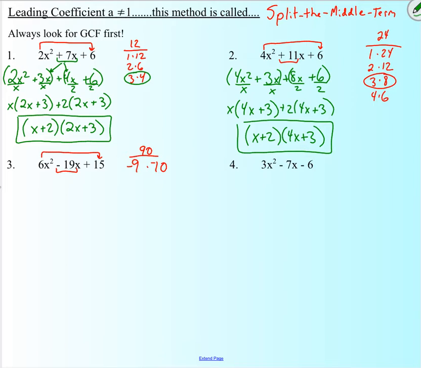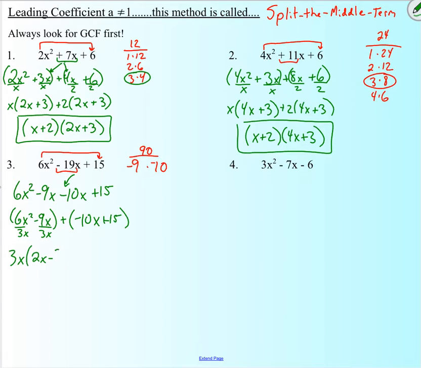So now when I split my middle, minus 9x minus 10x plus 15. Your third term is positive here, so be careful when you do your grouping method. Plus sign in between, shove that negative in that second quantity. So I can divide out a 3x here. That would leave me with 2x minus 3.